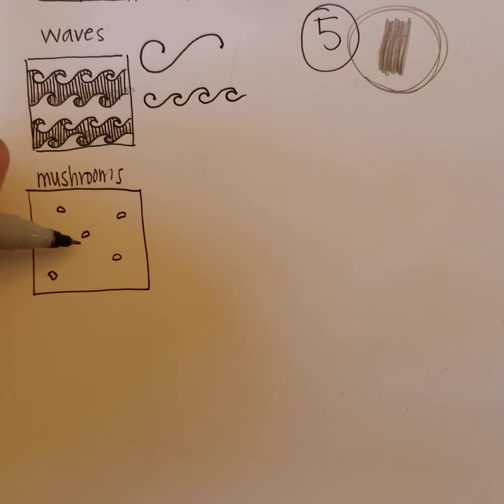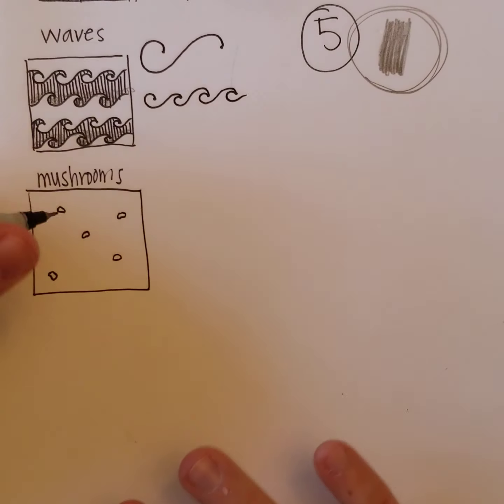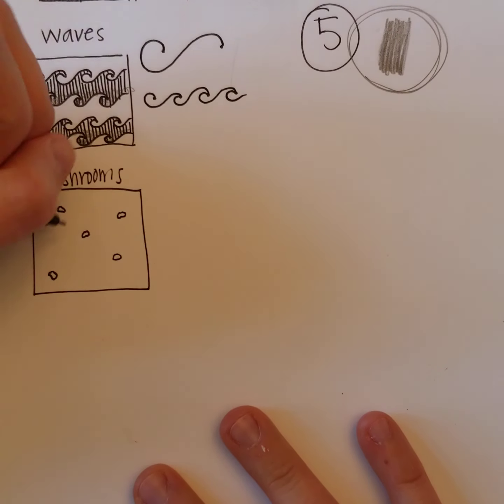Once I have those, these are going to be the center of our mushrooms. They're kind of going to look like the ones that grow on trees, maybe similar to lichen, not necessarily mushrooms. But we are just going to repeat this pattern to create concentric shapes, which are just like shapes within shapes.